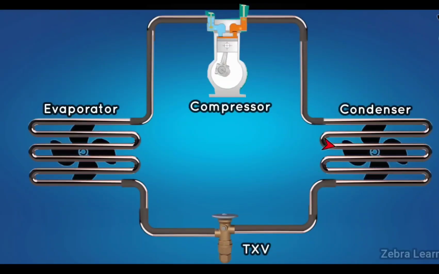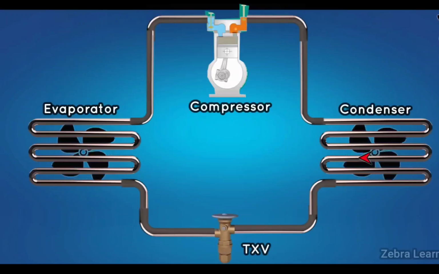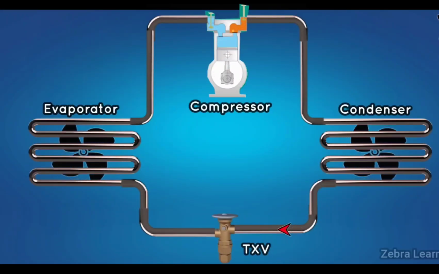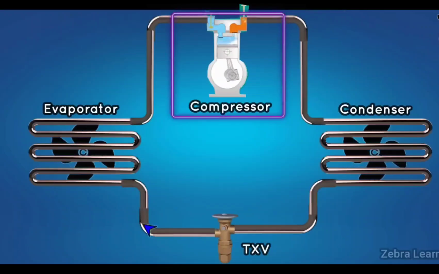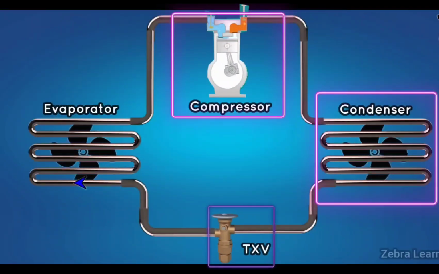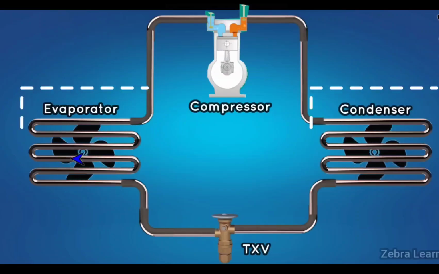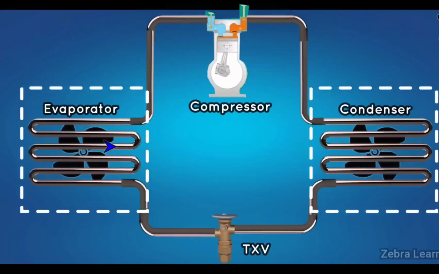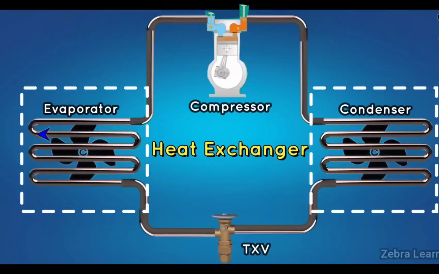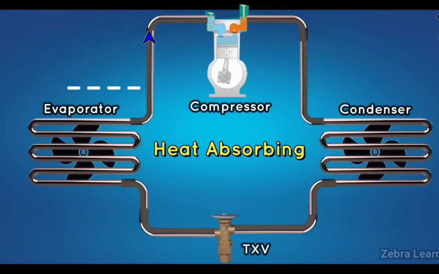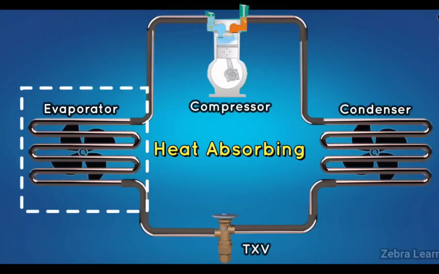Important points that can be covered in this topic are: there are 4 components in the refrigeration cycle: compressor, condenser, expansion valve, and evaporator. Condenser and evaporator work as heat exchangers. Heat is rejected in the condenser, and heat is absorbed in the evaporator.